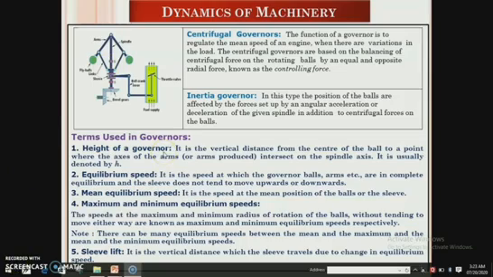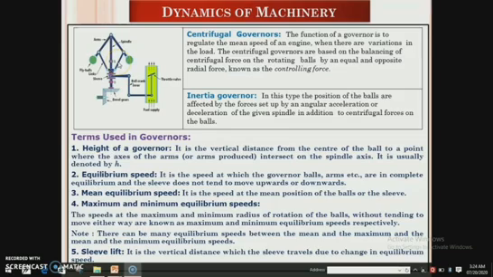The centrifugal governors are based upon the balancing of centrifugal force on the rotating balls by an equal and opposite radial force known as controlling force. It consists of two balls of equal mass which are attached to the arms as shown in the figure.